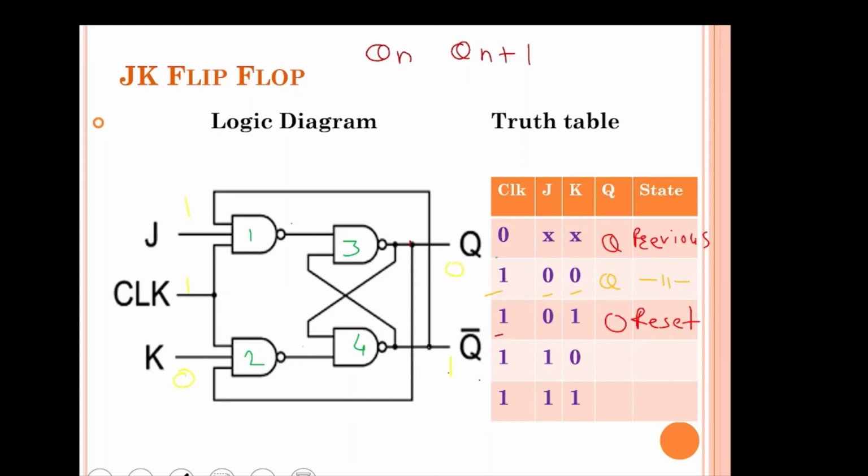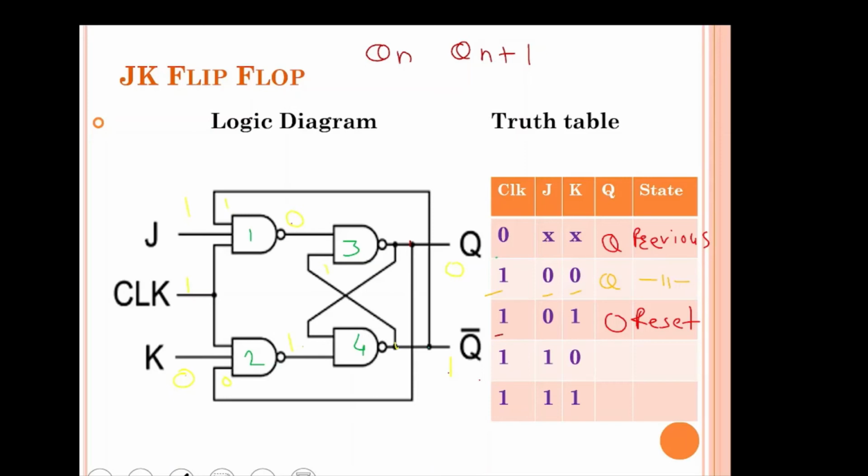Now this 0 will go here and this 1 will go here. So output of first NAND gate will be 0 and output of second NAND gate will be 1. Then this 1 goes here for the third NAND gate.